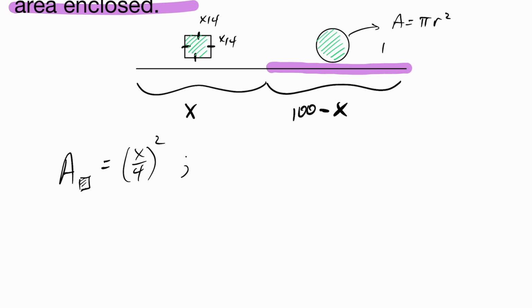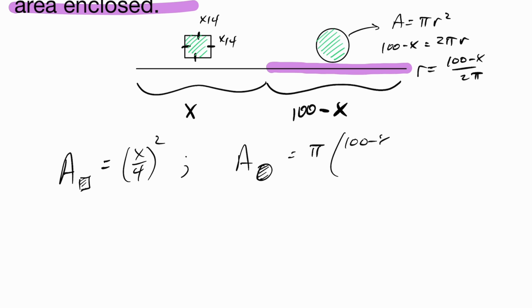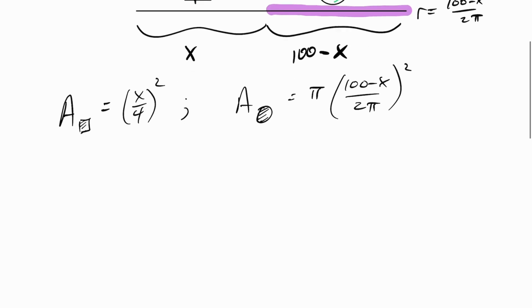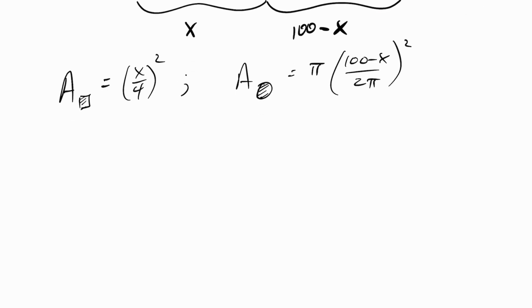So 100 minus X is equal to the circumference of a circle, which is 2 pi r. Therefore the radius of this circle must be 100 minus X over 2 pi. So the area of a circle is pi times my radius squared. And now I have the area of a circle.